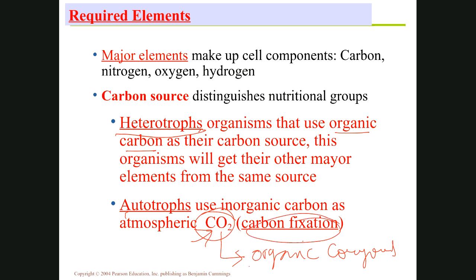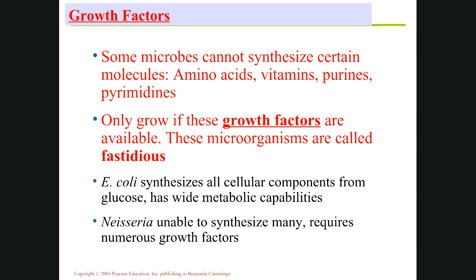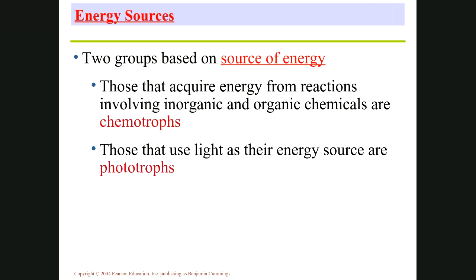So an autotroph versus a heterotroph, their difference is how they get their carbon source. Some bacteria have needs for special vitamins and nutrients called growth factors, and those have to be provided in the medium. Those organisms are called fastidious, or hard to grow.